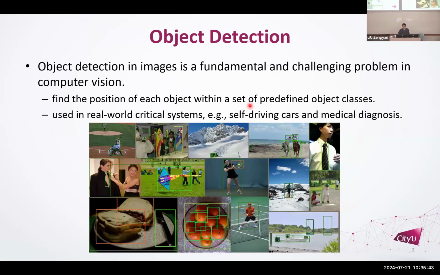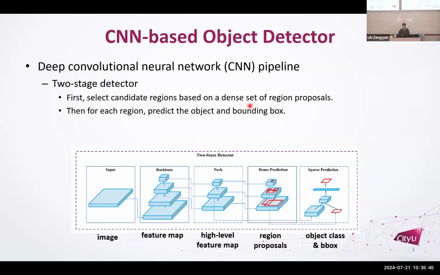Okay, so how do these object detectors work? So very briefly, there are essentially three types. The first is called a two-stage detector. So I have an image, I extract some feature maps using a backbone network like ResNet. Then given that high-level feature map, I combine them together and I try to predict locations where there might be an object. Right, so this is called a region proposal.